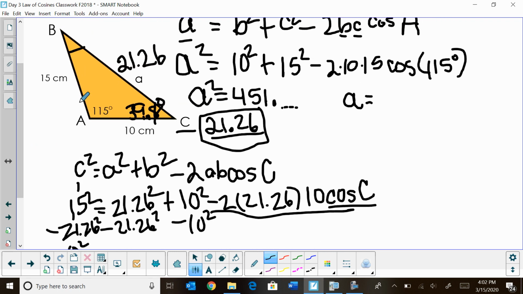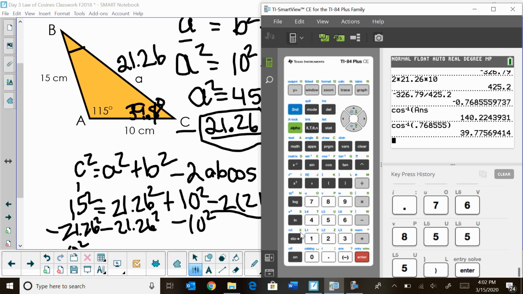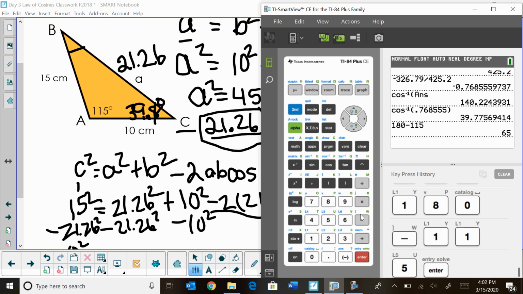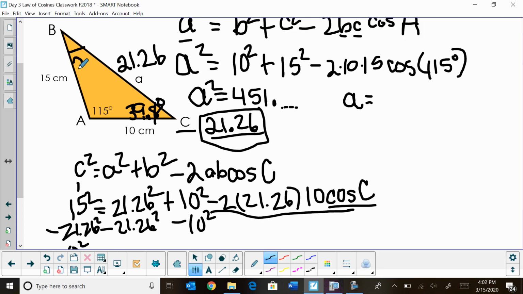So I've got A, I've got C, all I've got left is B. Well, we've got the easy one now because we can just subtract from 180. So let's take 180 and subtract 115, and subtract another 39.8. And boom, there's our answer, 25.2. Now let's think about the triangle inequality theorem.